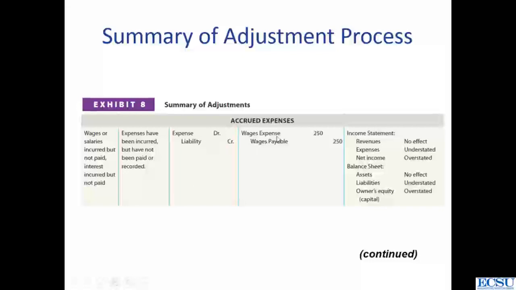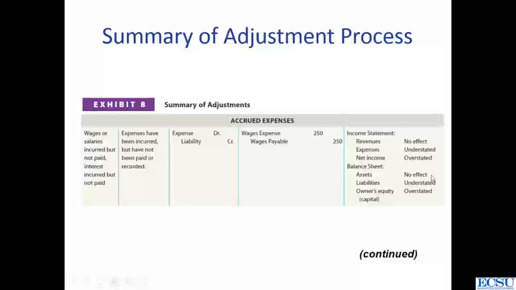For example, if wages of 250 were accrued, then this is the journal you would do: wages expense to wages payable. And the effect on the financial statements would be no revenues are involved, therefore revenue will be no effect. Expenses will be understated because if you don't debit that wages expense of 250, then of course you'll be understating the expenses, and if you understate the expenses, income will be overstated than what it is actually.